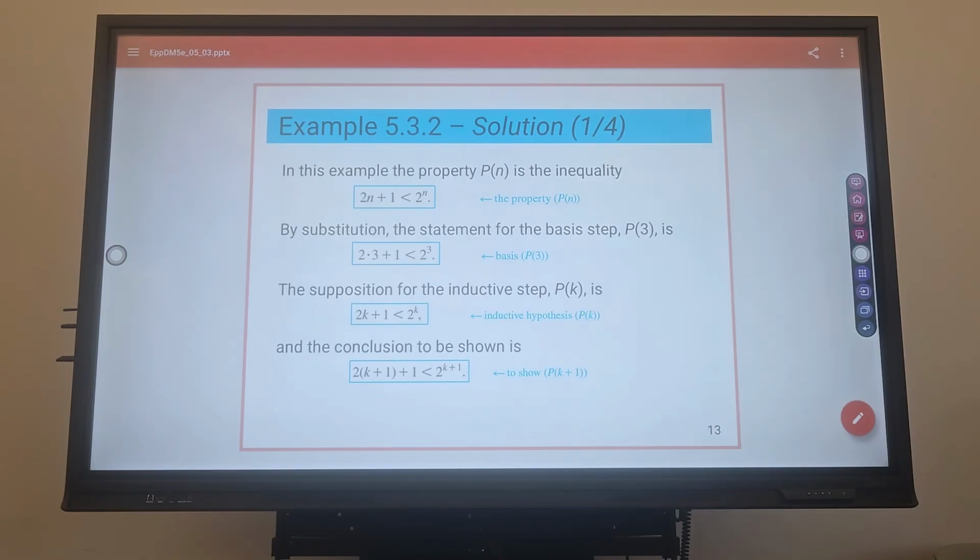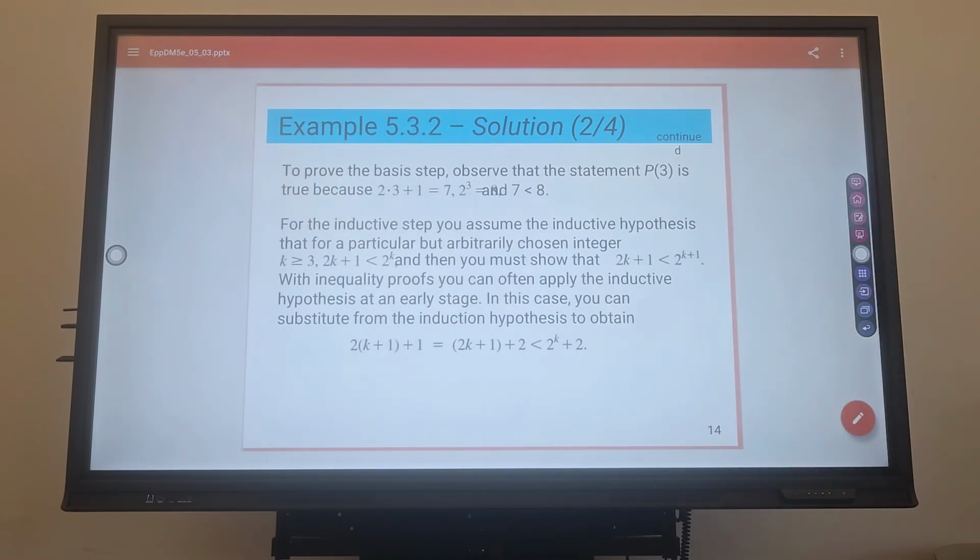And the conclusion to be shown is 2 times (k+1) plus 1 is less than 2^(k+1). To prove the basis step, observe that the statement P(3) is true because 2 times 3 plus 1 equals 7, and 2^3 is 8, and 7 is less than 8.